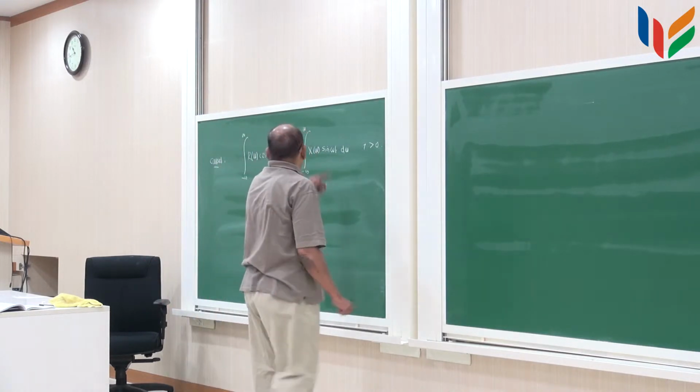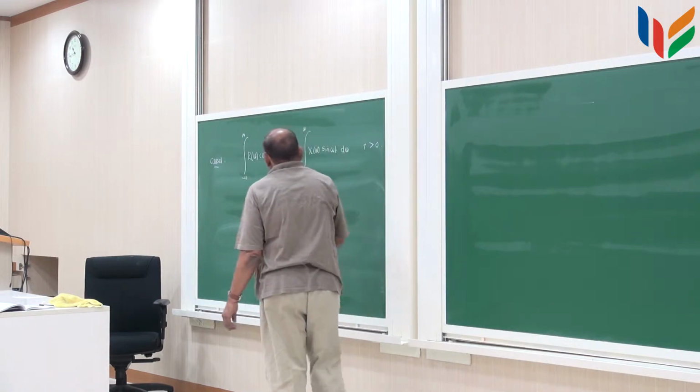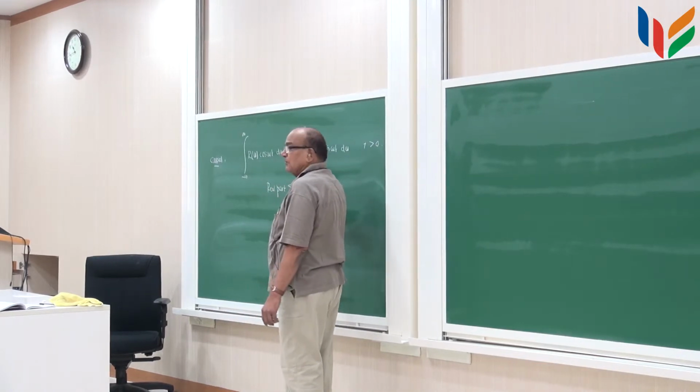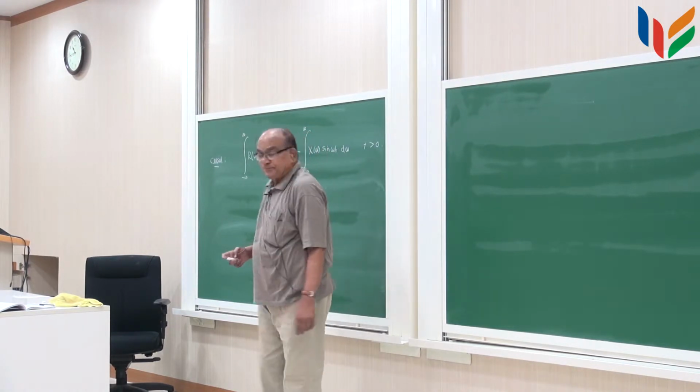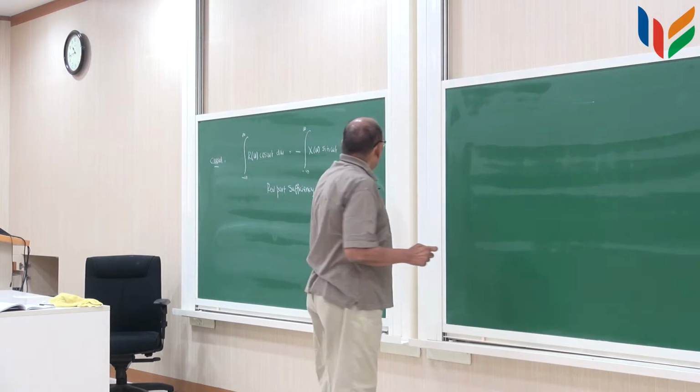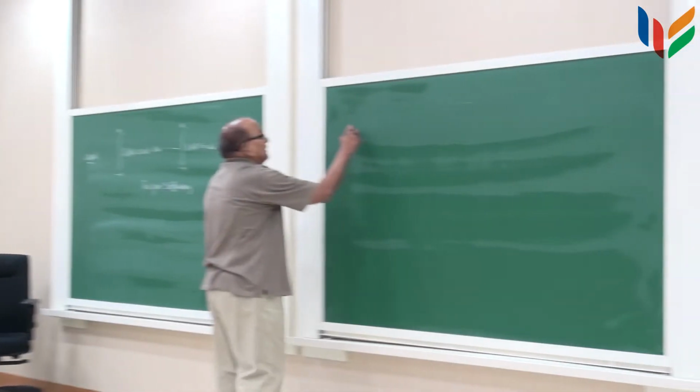Now, given this relationship, given R(omega), how do I find X(omega) from here? That is what we will do next. Before we do that, let us come back to this.